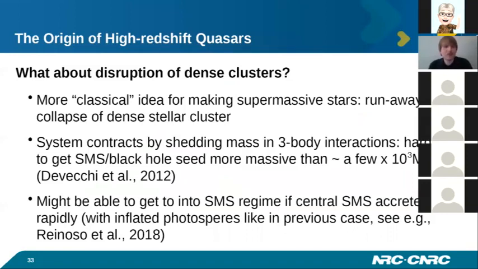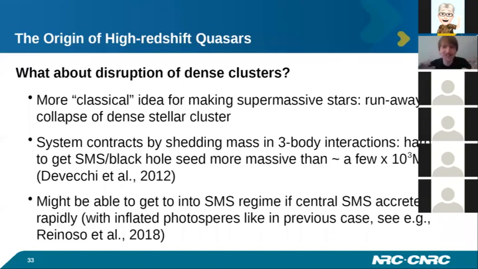So, how long could these objects that are produced by dense stellar clusters actually live? Again, these are things that are formed by shedding mass from three-body interactions. It's hard to get to things that are of order beyond a few thousand solar masses, but you might be able to do it if you, and this is, I think, kind of neat, have a hybrid of cluster collapse and direct collapse black hole, atomic cooling halo, rapidly accreting star kind of model.